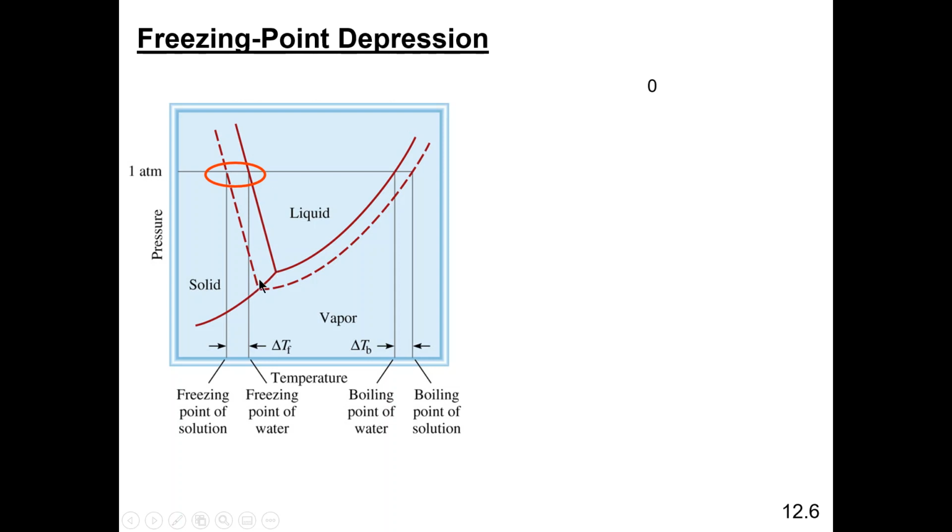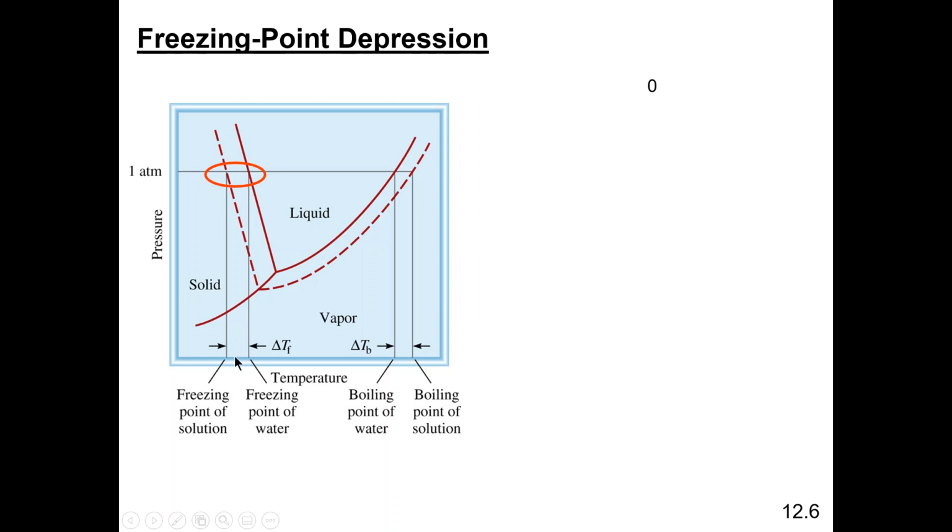And this parallel line represents the same thing for the solution. And you'll notice that when you add your solute to your pure solvent, in this case water, then basically there'll be a decrease in the freezing point represented by this region right here, all right?